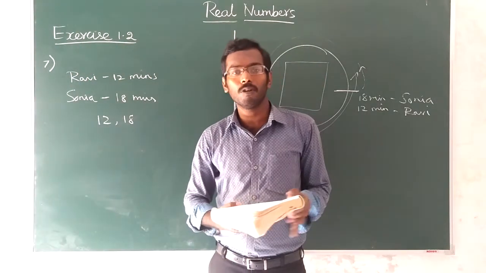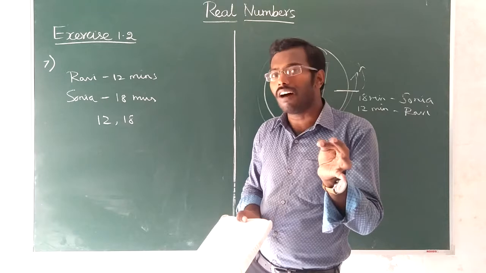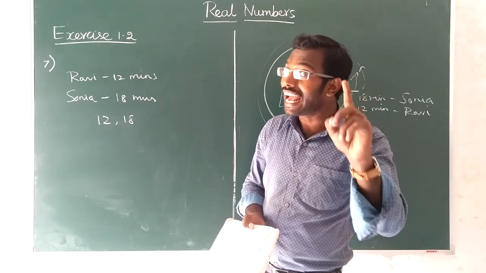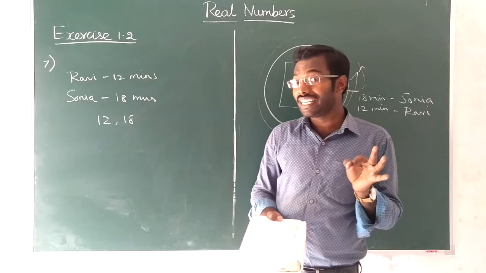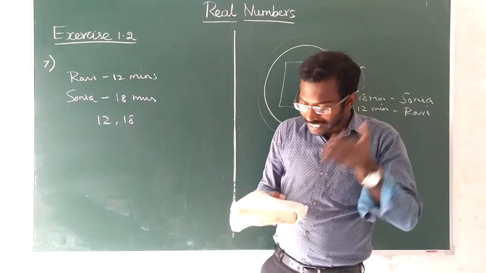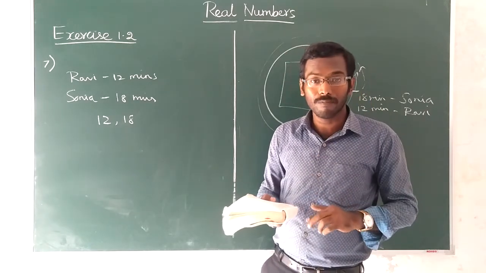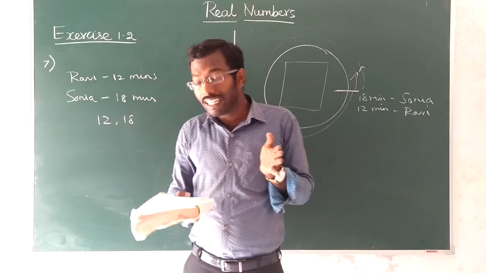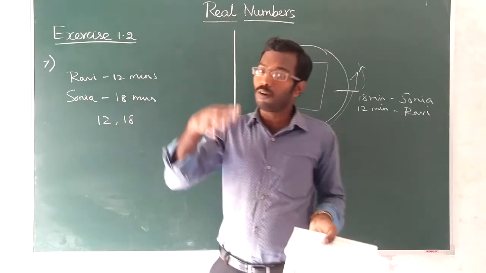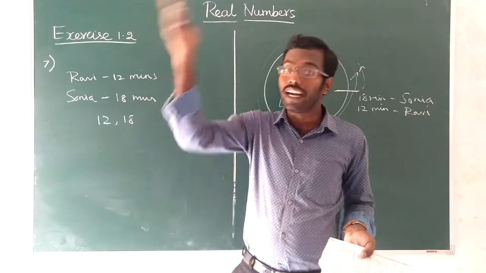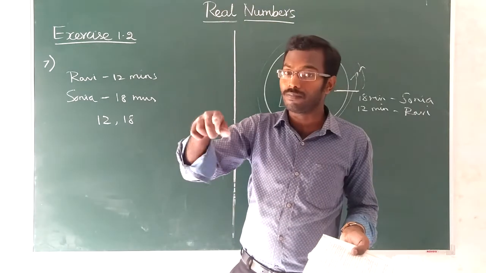I already told you, if some maximum value is asked, you have to find HCF, highest common factor. If some minimum value is asked, you have to find LCM. But here no maximum or minimum is given. You should not simply see the question and decide. You have to analyze the question. They both start at the same point. You have to find after how many minutes they will meet again.